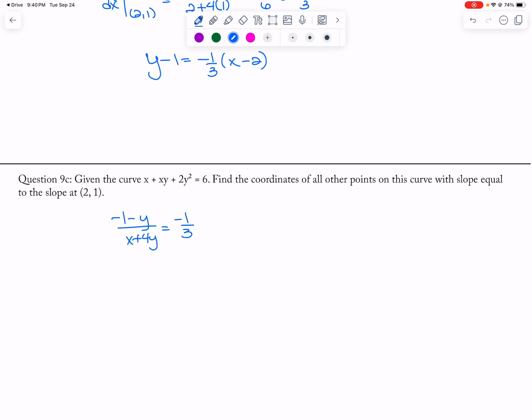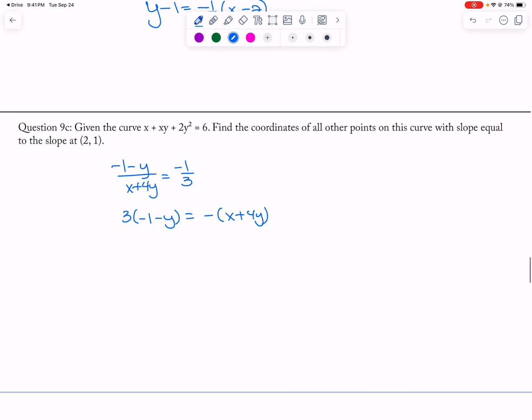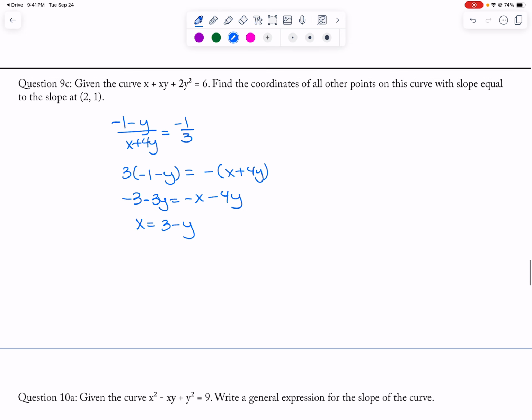So I cross multiply. All right, so now I'm going to cross multiply, so 3 times (negative 1 minus y) equals negative (x plus 4y). So then I get negative 3 minus 3y is equal to negative x minus 4y. So then I get x is equal to, let's move the 3 over, and so I have a 3 minus y here.